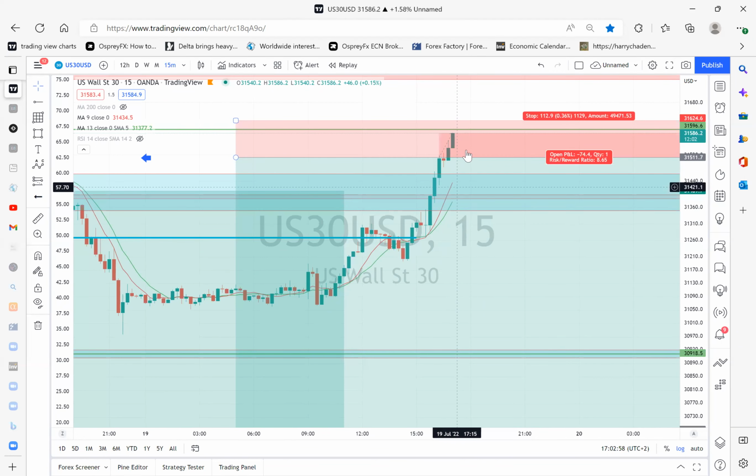Let's say you have an engagement you have to go to, and that takes you away for 2 hours. When you come back, price is down here selling. Now you can start cutting off your buy trade. You're still going to be down the same amount you were down up here. It doesn't matter where the market goes, you're going to be down the same amount. But now you can cut it off as price pushes down.